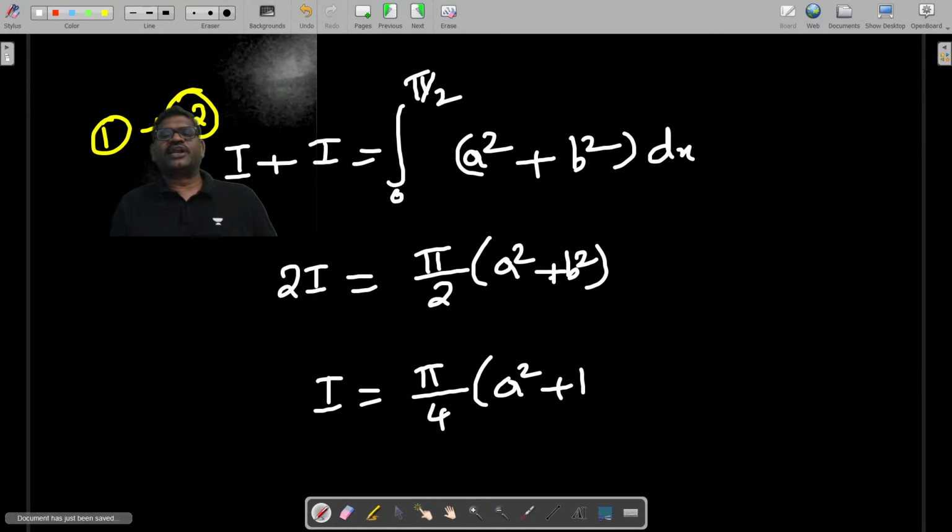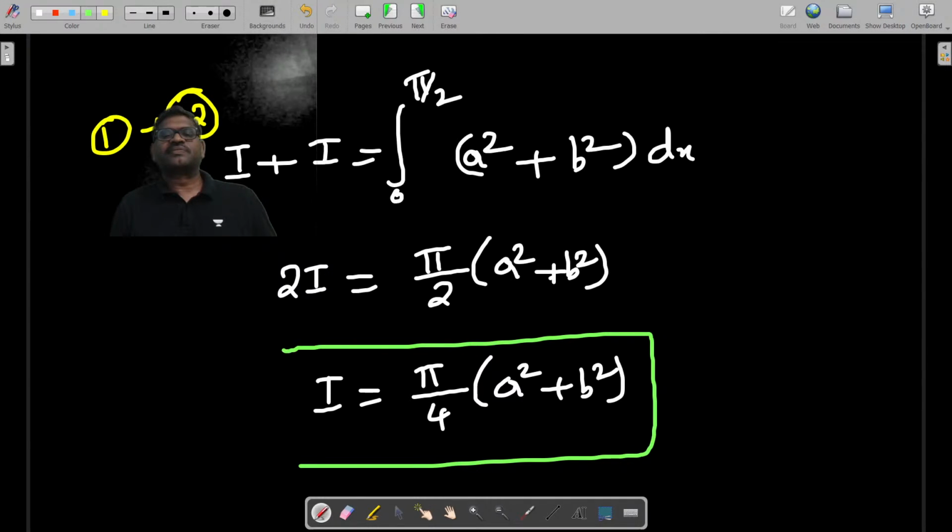The value of integral is pi by 4 of a square plus b square.